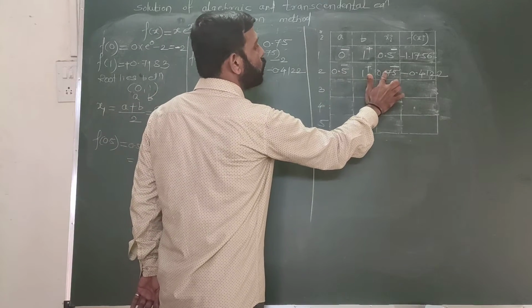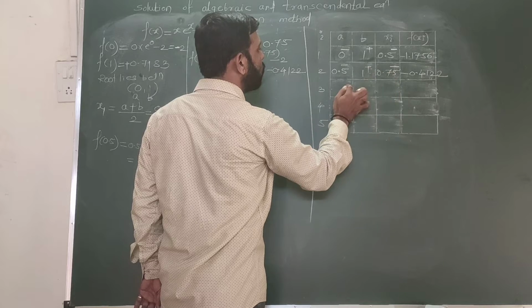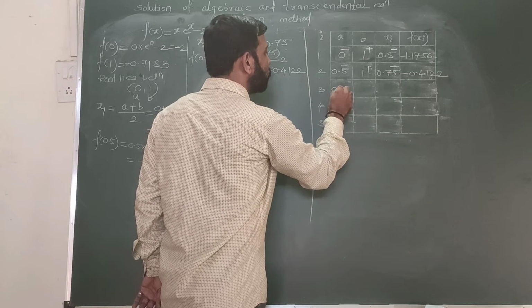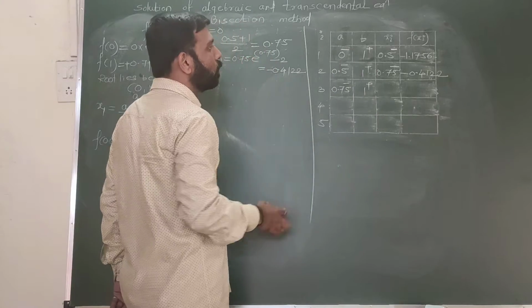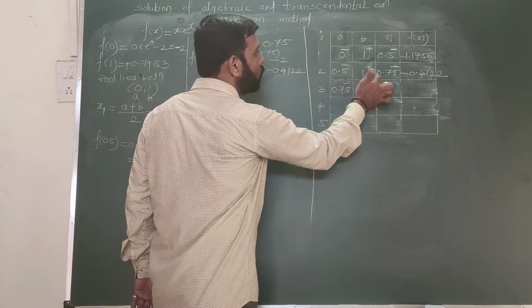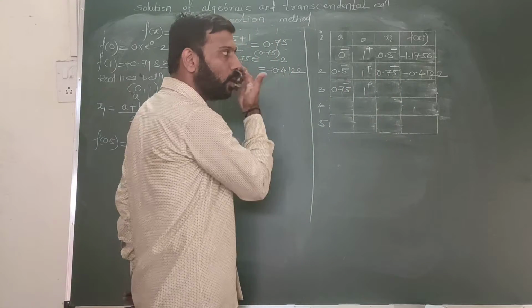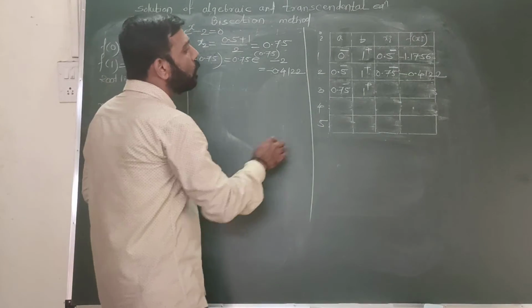Consider any two opposite numbers: 0.75 minus and 1 plus. If we take minus 0.5 and plus 1, we will get the same output, so we will not consider those two numbers as opposite terms.